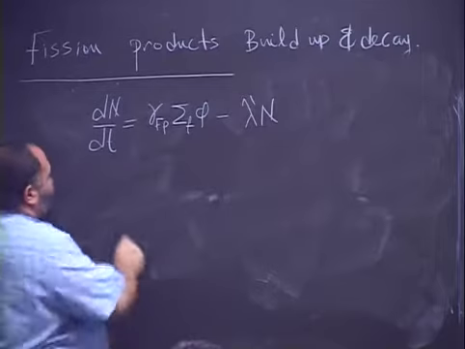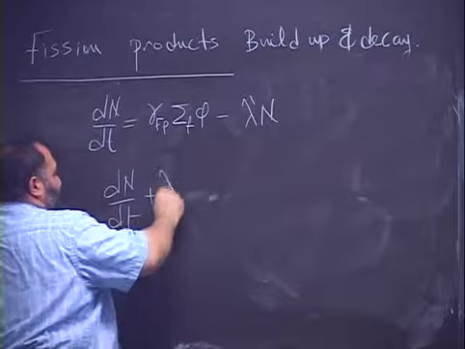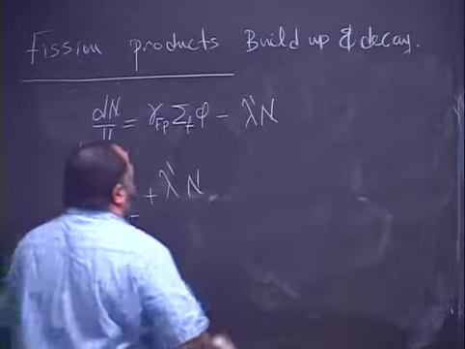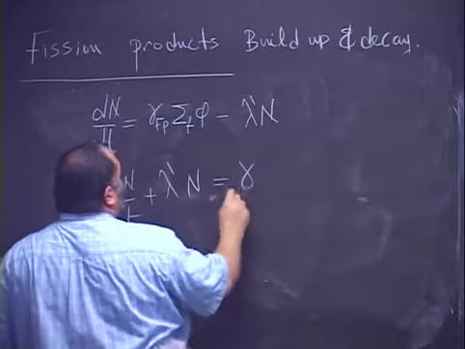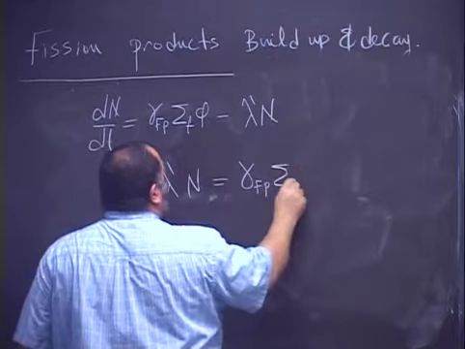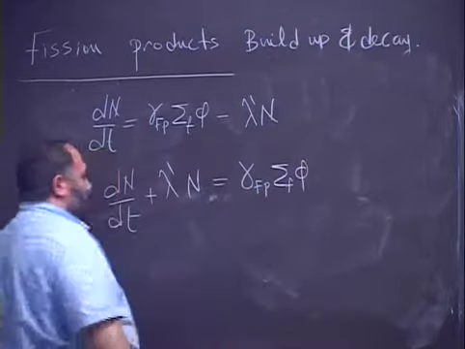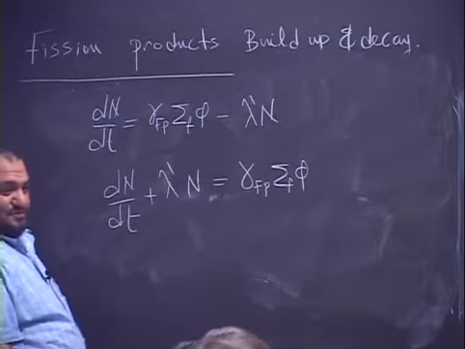So I can rewrite this equation as dN by dt plus lambda prime multiplied by n equal to gamma FB sigma F multiplied by phi. How will we solve this equation?